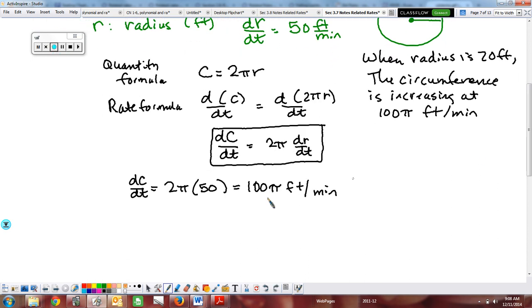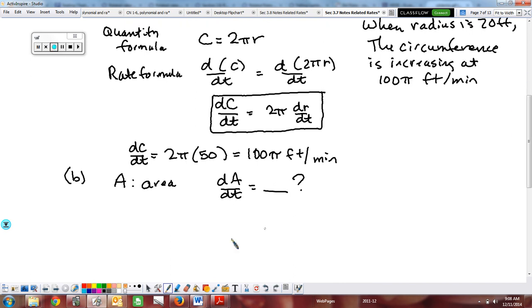All right. For part B, now we're looking at the area. So the only difference is now instead of circumference, I'm using area and I'm trying to find dA/dt. So my quantity formula, area of a circle is pi r squared.